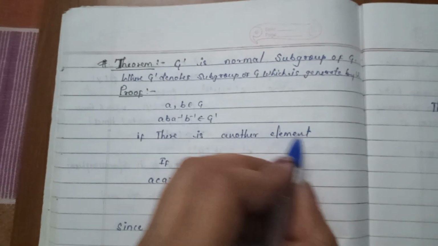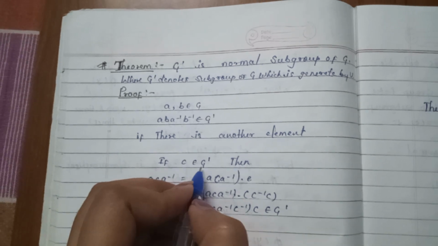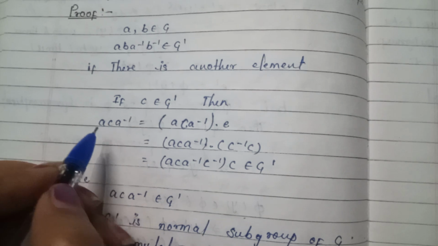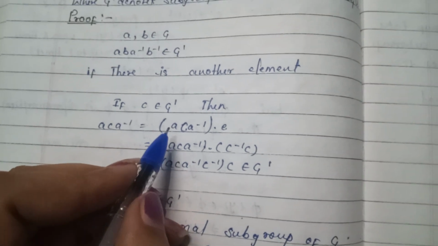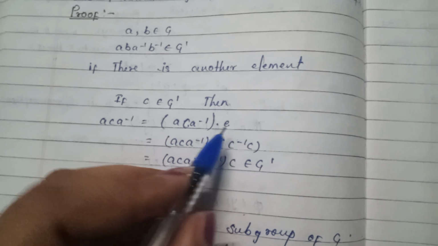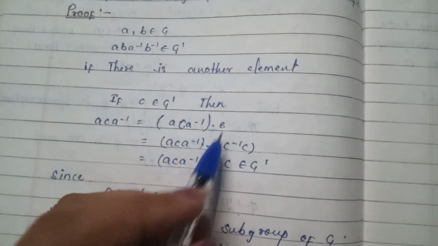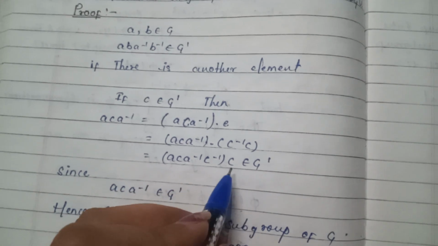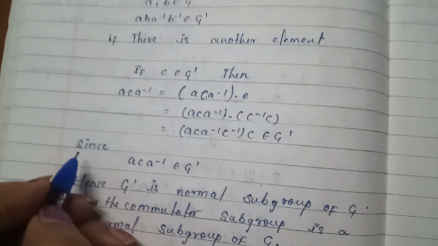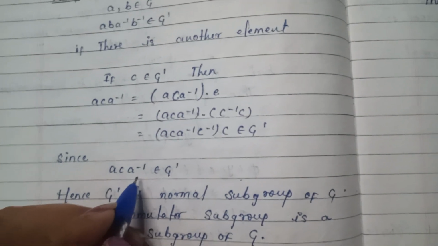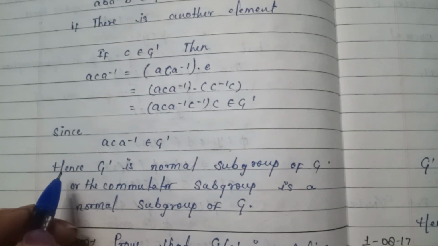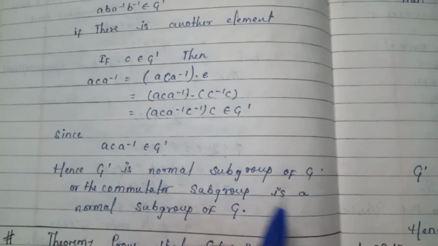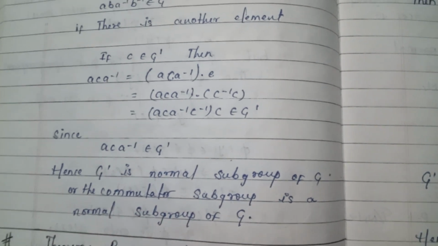If there is another element C belonging to G dash, then A C A inverse is equal to A C A inverse dot E. ए सी ए इन्वर्स ई को लिख सकते हैं हम सी इन्वर्स सी. सो ए सी ए इन्वर्स सी बिलोंग्स टू जी डैश. सिंस ए सी ए इन्वर्स बिलोंग्स टू जी डैश, hence G dash is a normal subgroup of G, or the commutator subgroup is a normal subgroup of G, hence proved.